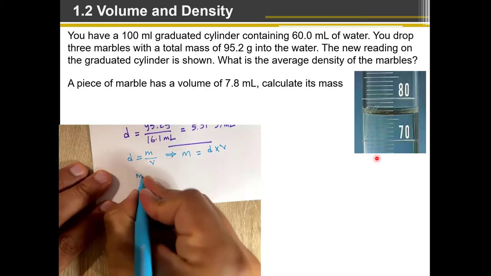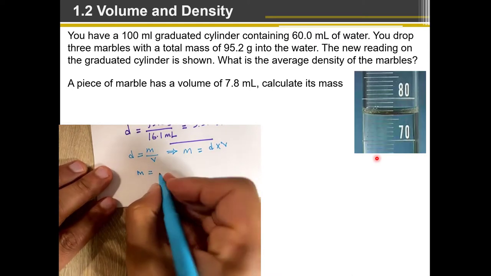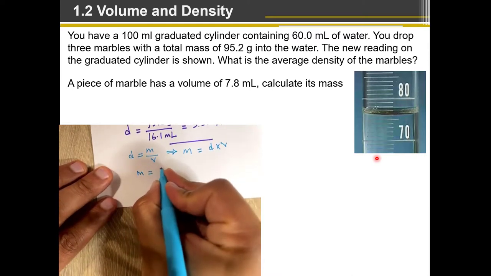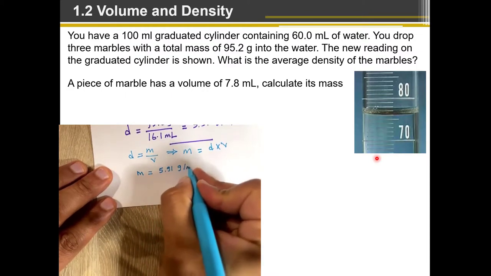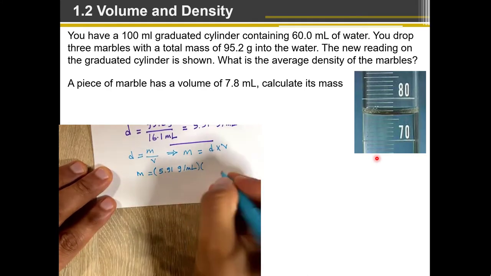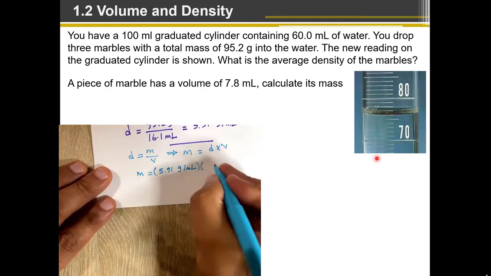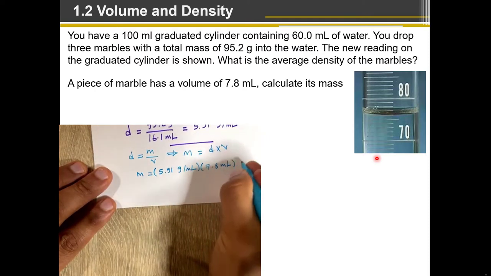So the mass of our piece of marble is going to equal 5.91 grams per milliliter multiplied by the volume, which is 7.8 milliliters.